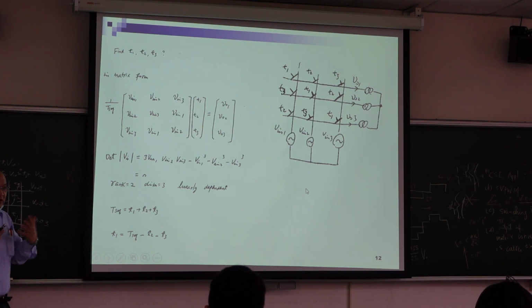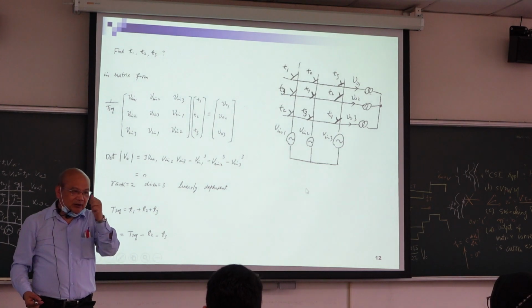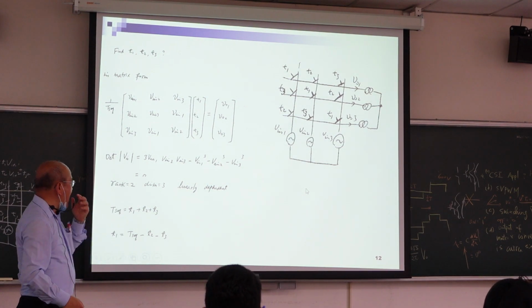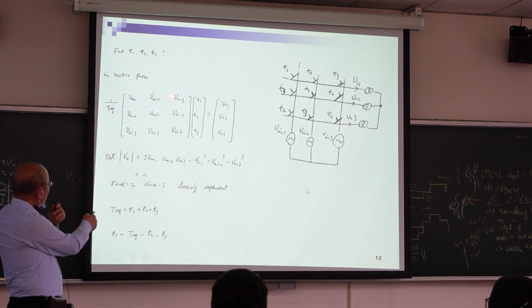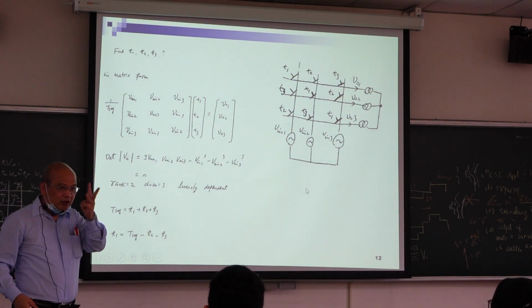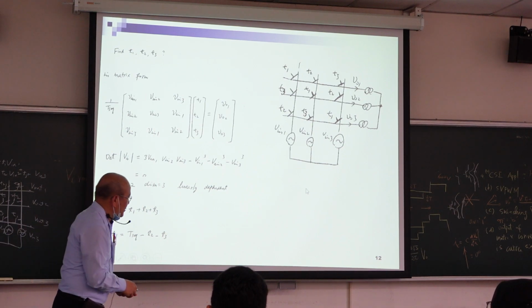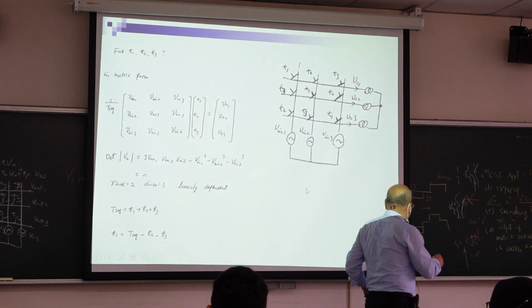If we know T1, T2, T3, then we put T1, T2, T3, then T1, T2, T3, then T1, T2, T3, and we finish. So how many unknowns? 3, right? T1, T2, T3. How many equations? 1 equation, 2 equations, 3 equations. 3 equations, 3 unknowns. How many solutions? So you have 3 equations.